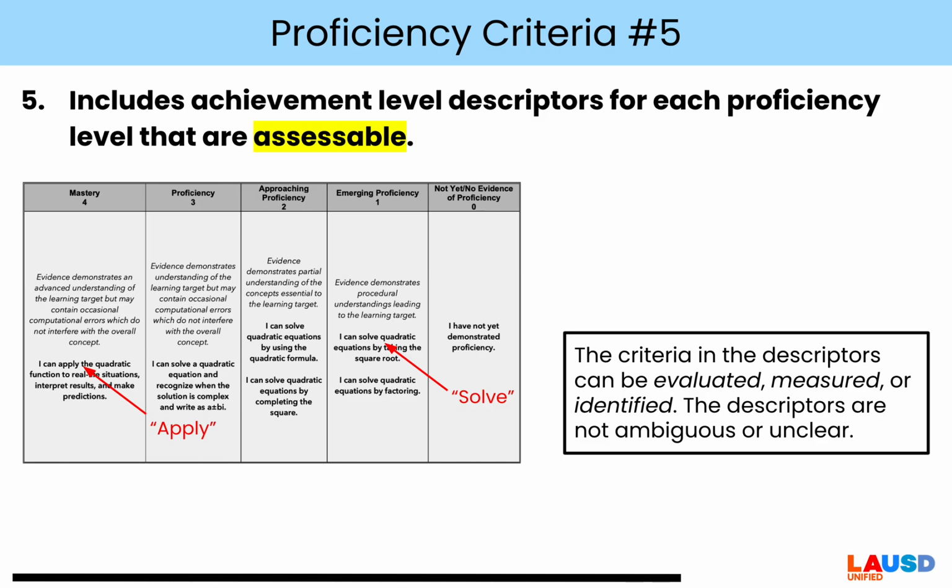So for example, if we look at the emerging proficiency level, level 1, students can see that they should be able to solve quadratic equations by taking the square root. So they should very clearly be able to solve those types of equations. At level 4, students can apply the quadratic function to real life situations, interpret those results, and make predictions.